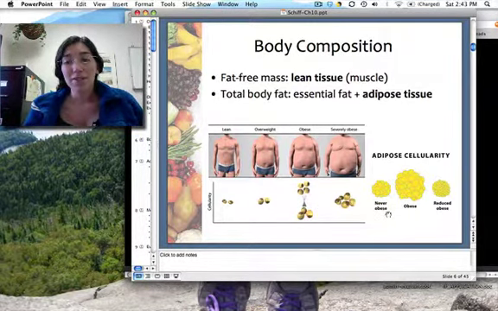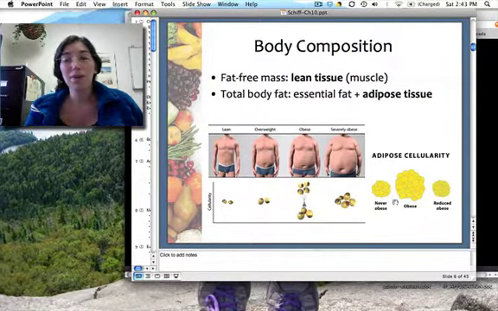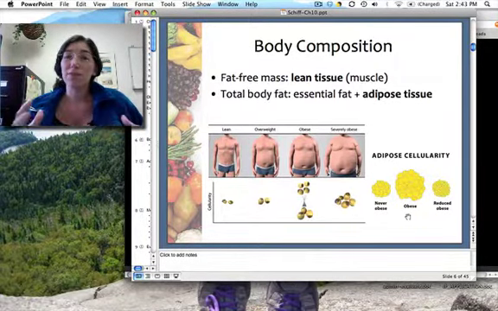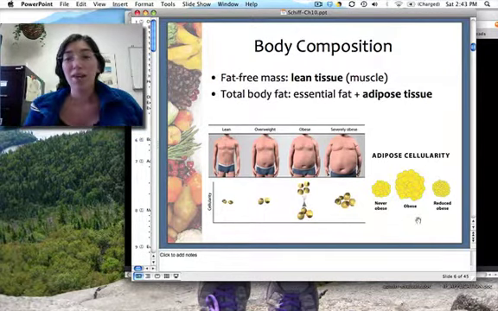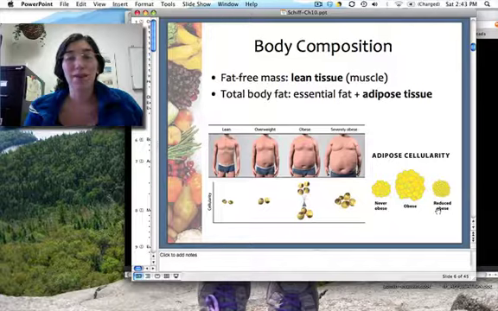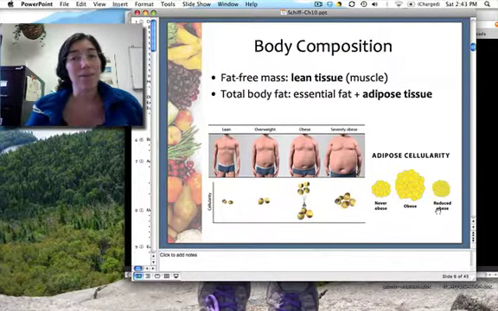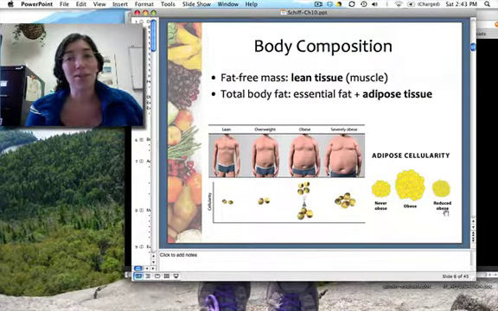So what happens is, if someone becomes obese and their fat cells multiply and expand, when they lose weight, they still have that same number of fat cells. The fat cells don't really die. Once they're there, there's really not a mechanism to kill them off.